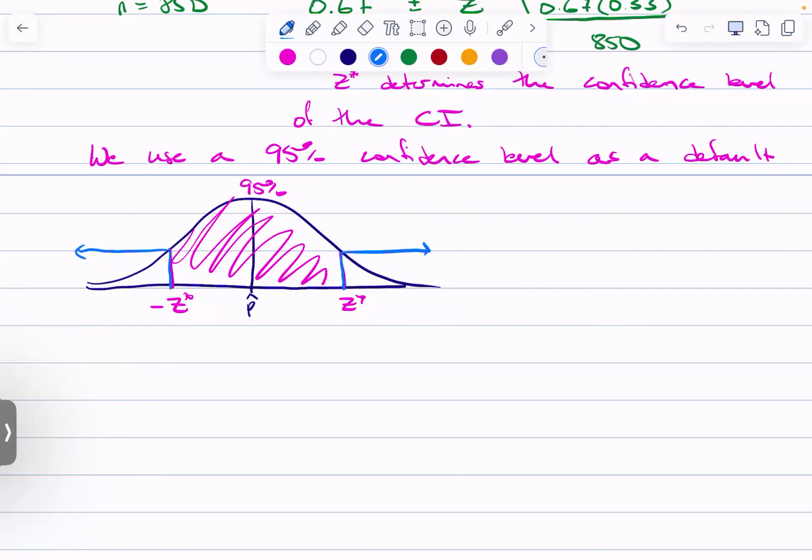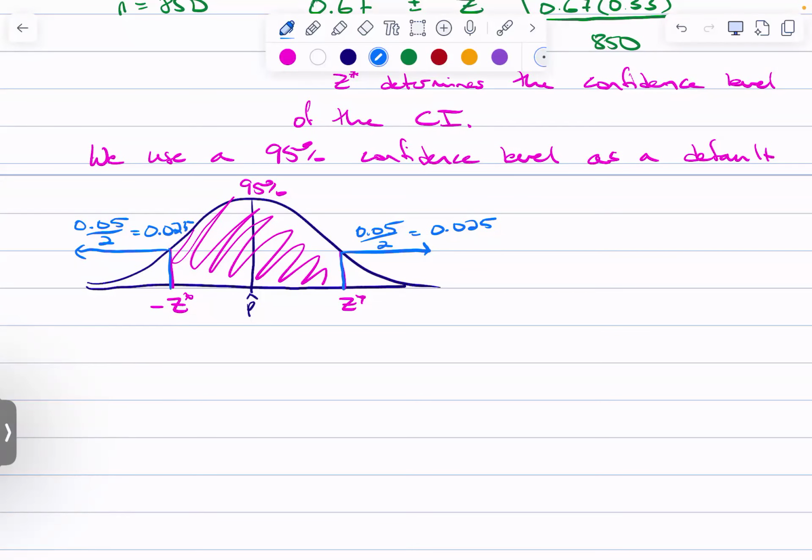And so this area is going to be 0.05 divided by 2, which is 0.025. And here I have 0.05 divided by 2, which is 0.025. Right? They'll be the same.